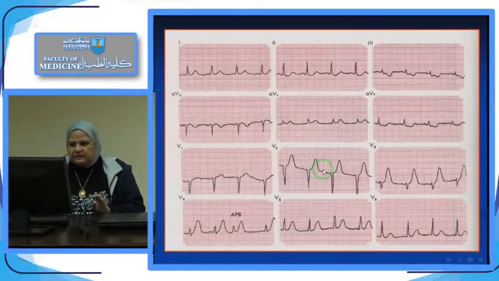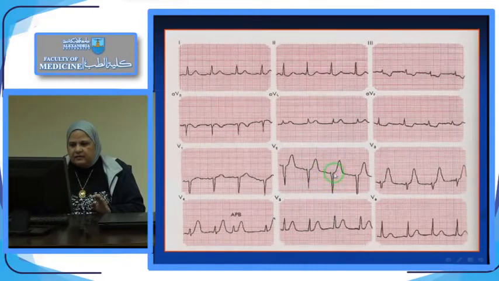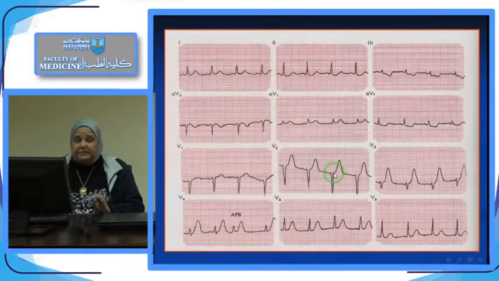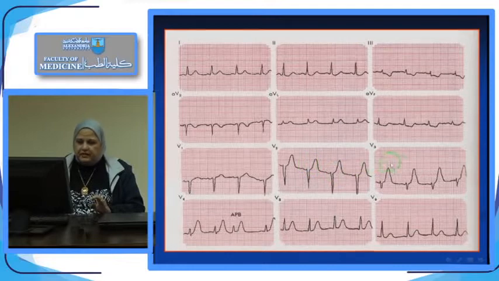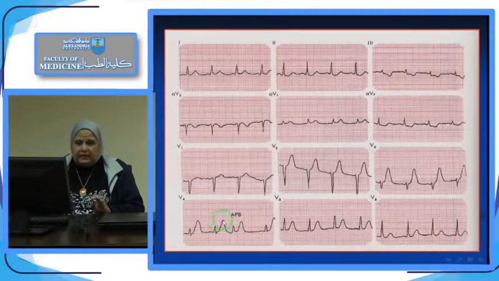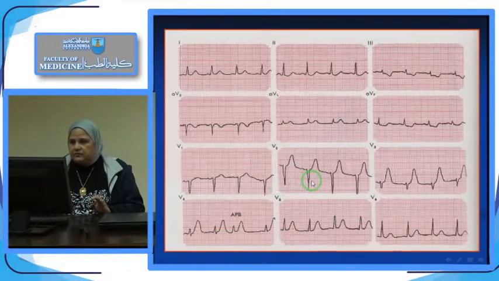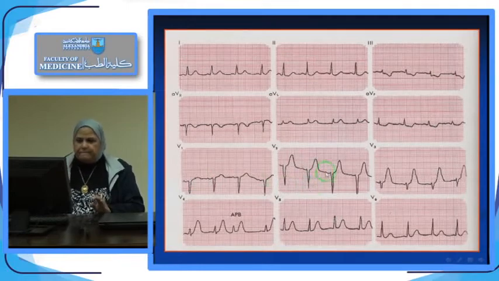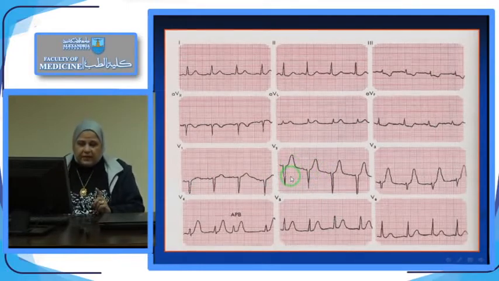So these leads are the septal leads, V2, V3, plus V4 and V5: septal, anterior, and lateral. So this is a case of query recent MI in this ECG, because the case might be hyperkalemic.